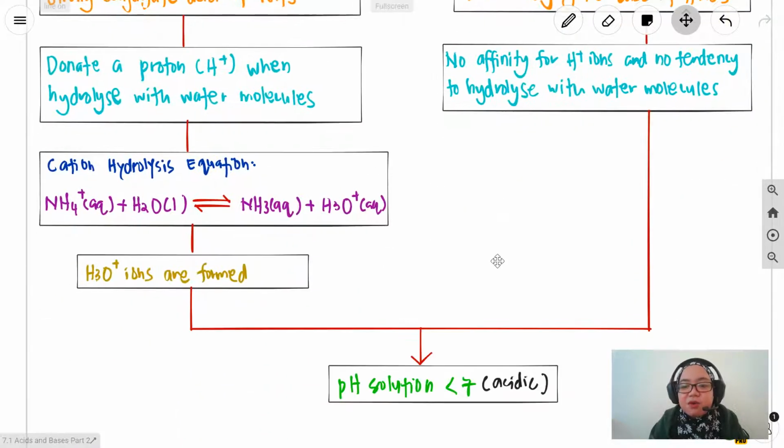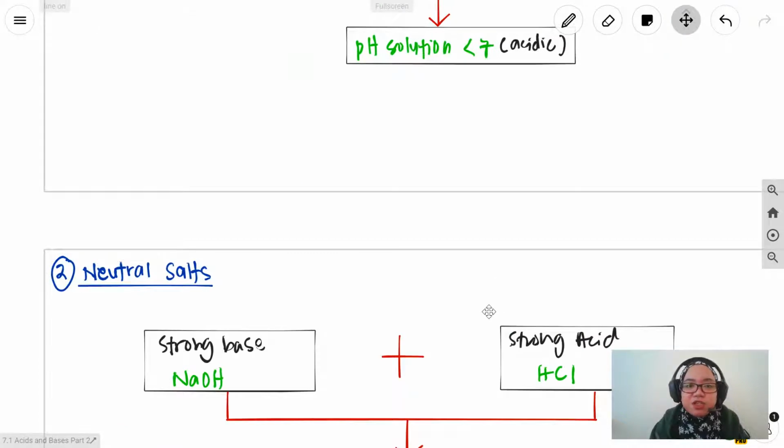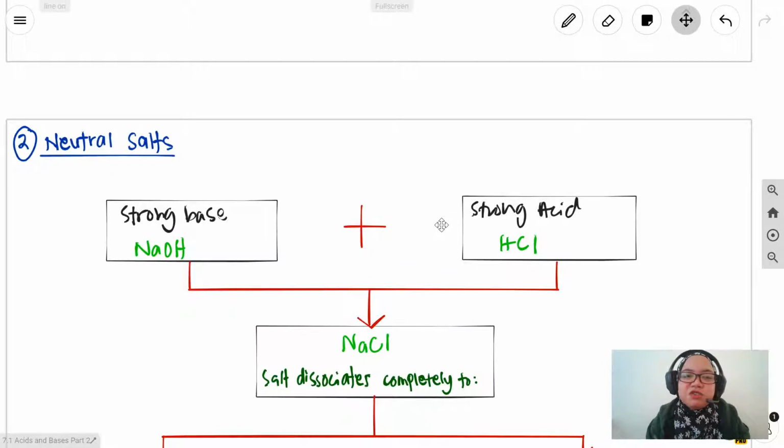Now let's proceed to the second type of salt, which is the neutral salt. The neutral salt is formed by the neutralization process, the reaction of a strong base and a strong acid. We have here the strong base sodium hydroxide and the strong acid hydrochloric acid.